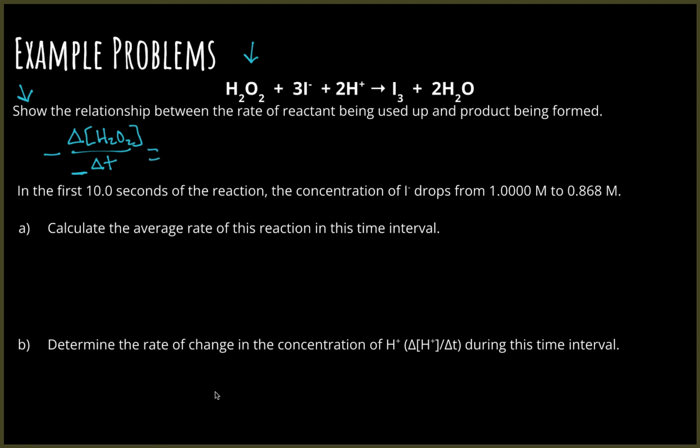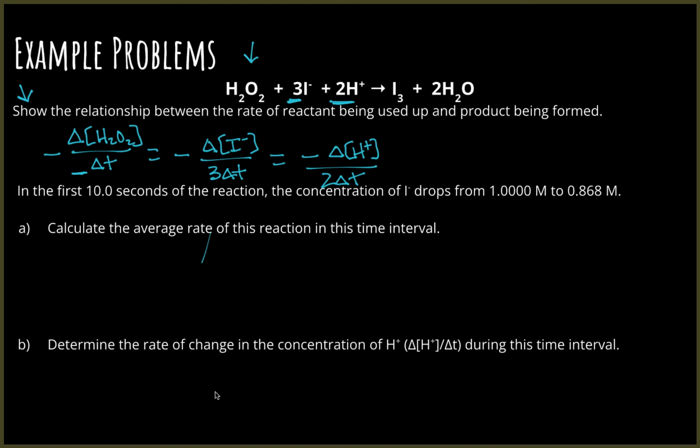That's equal to, also negative, change in concentration of I minus over 3 change in time, and that 3 comes from the coefficient. And that's also equal to change in concentration of H plus, which is negative because again we're still on the reactant side, over 2 change in time. Okay, so those are my reactants.